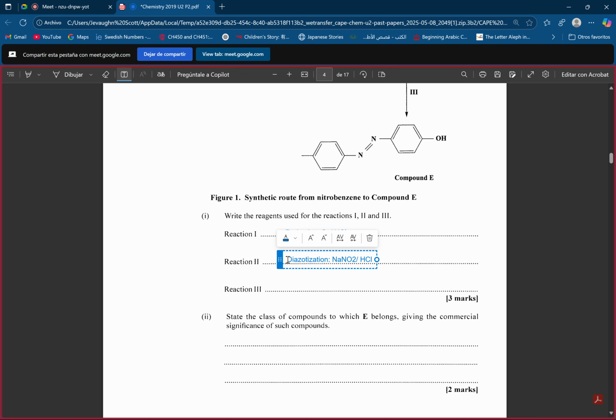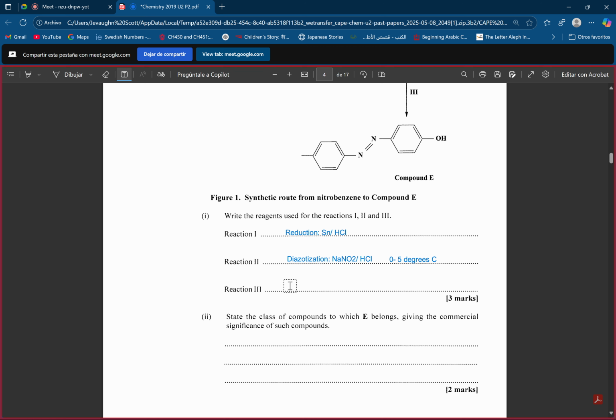Everything here is good so far. All right. And we know that diazotization occurs at low temperatures, which is going to be 0 to 5 degrees Celsius around there, or 5 to 10.